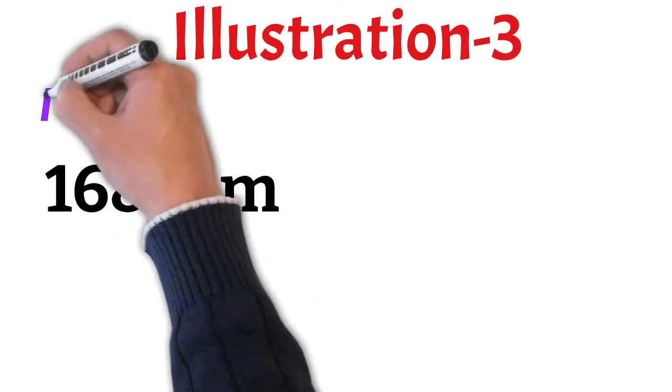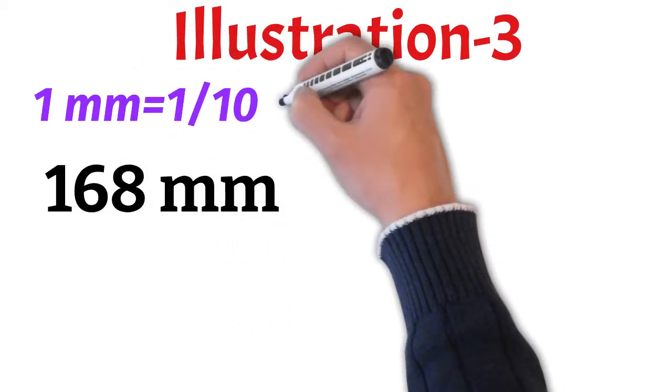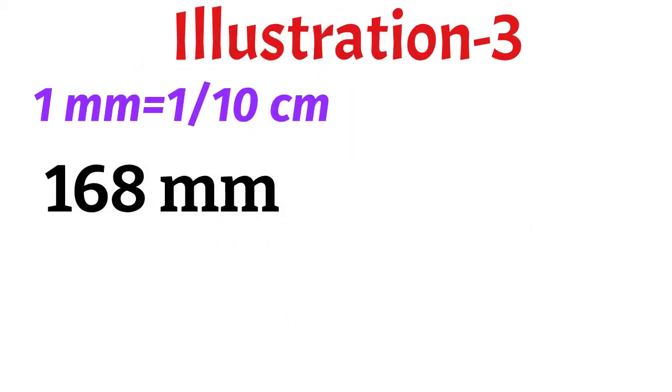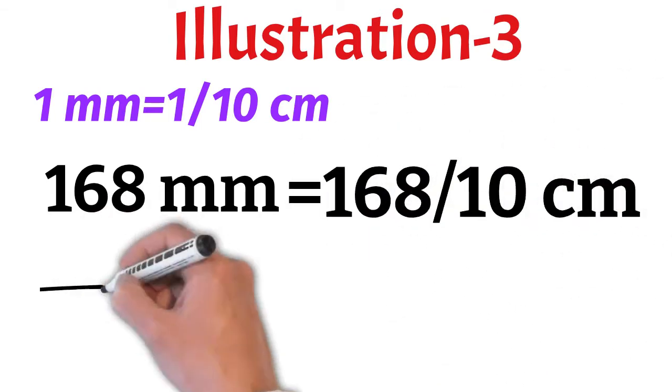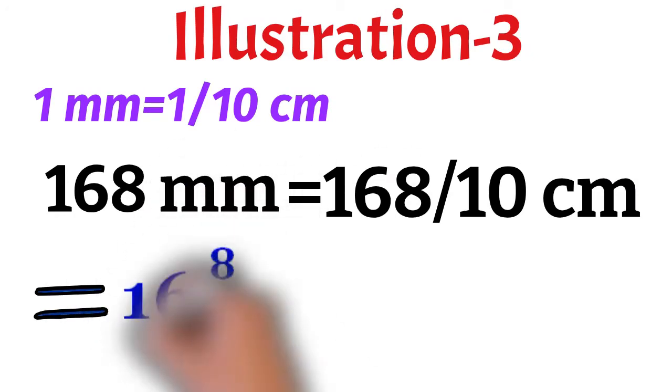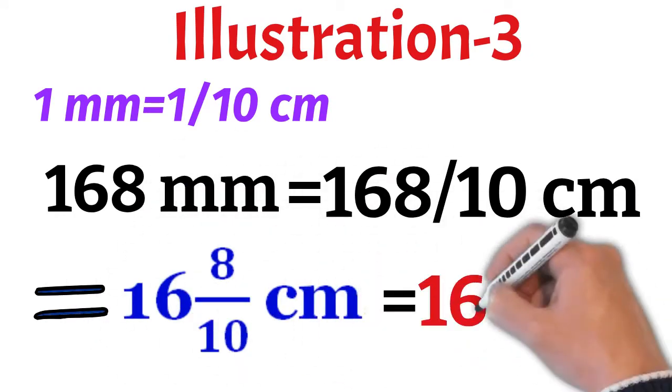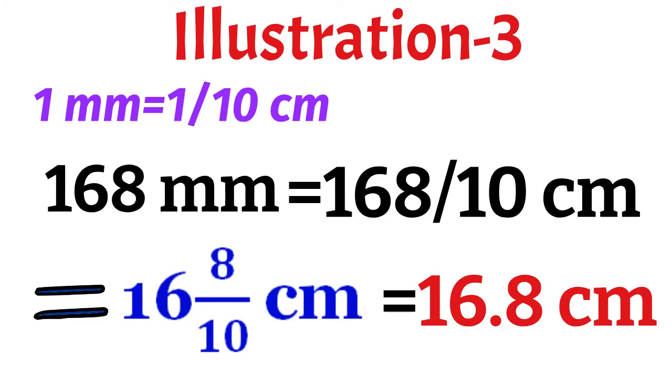We know 1 millimeter equal to 1 by 10 centimeter. Thus, 168 millimeter equal to 168 by 10 centimeter. That is equal to 16 and 8 by 10 centimeter. That is equal to 16.8 centimeter. In the same process, we can write kilometer in meter, meter in centimeter and kilogram in gram, etc.